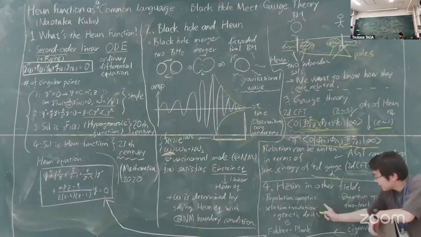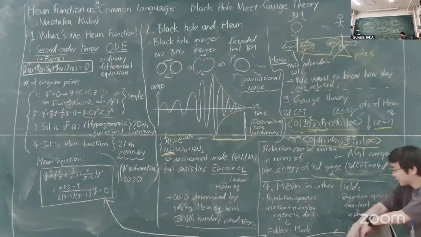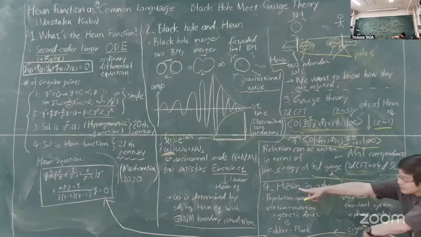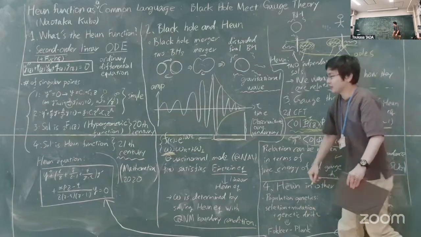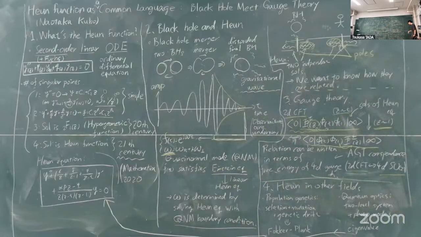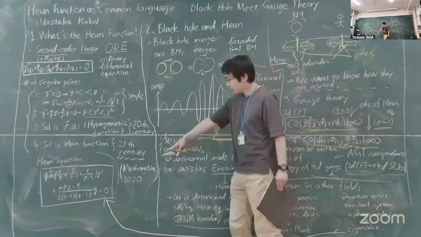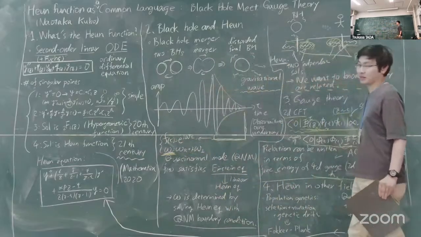Setting this up and considering the Fokker-Planck equation, the Heun function appears. Another example is quantum optics. When we consider a two-level energy system and add one photon mode, the eigenvalue problem again reduces to the Heun function.